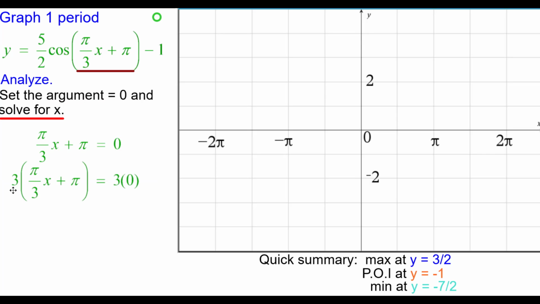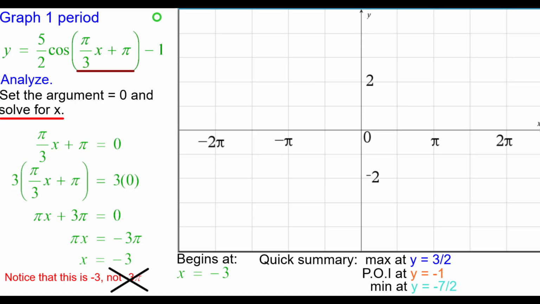First thing I would do is multiply through by 3 to clear out any fractions. And that will leave me with pi x plus 3 pi equals 0. Subtract 3 pi from both sides and then divide both sides by pi. And you get x equals negative 3. Notice that is negative 3, not negative 3 pi. And so this one will begin at x equals negative 3.